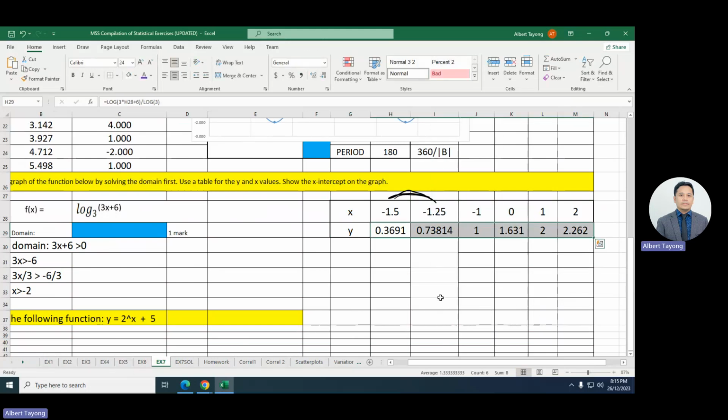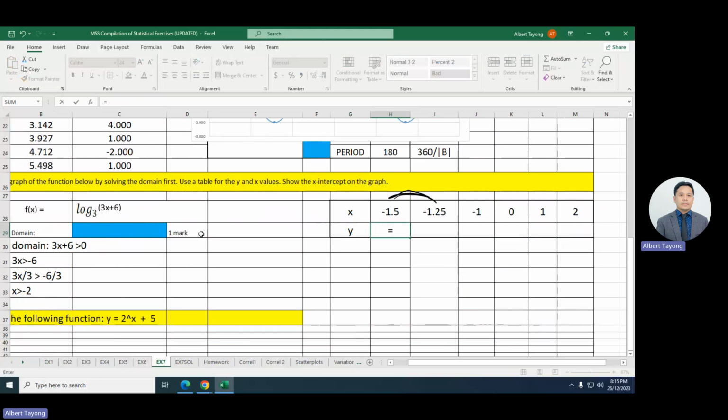Okay, can you please graph? Again, let me solve this. Equals, follow this, log 3 multiply x plus 6 divide log whatever is the base, close.